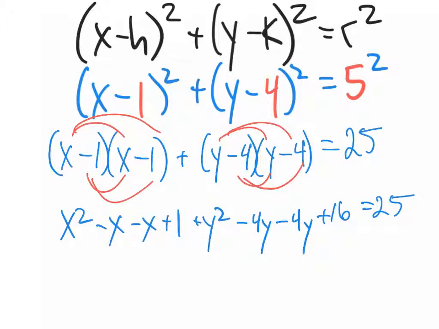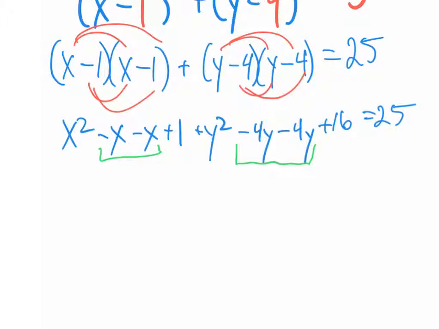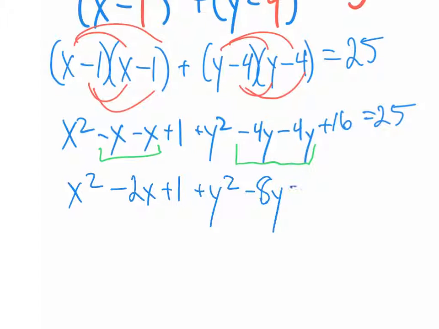Now we simply need to combine like terms. I can see that we're going to be combining the negative x's right here. Likewise, we're going to be combining this. And so we've got x squared minus 2x plus 1 plus y squared minus 8y plus 16 equals 25.